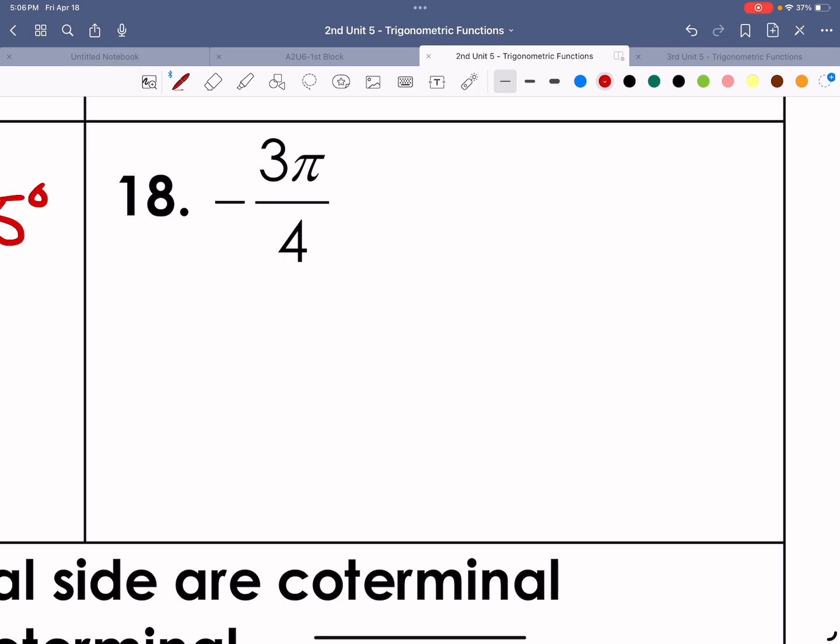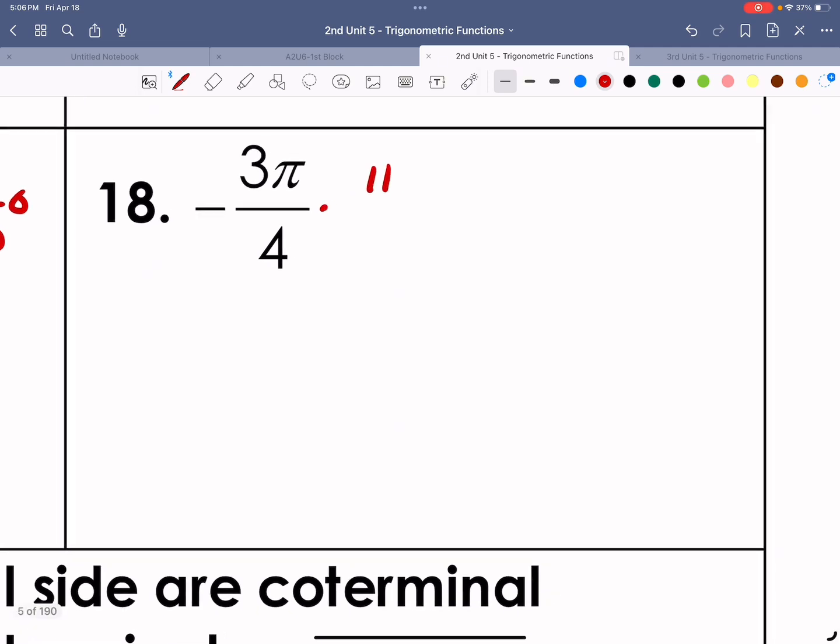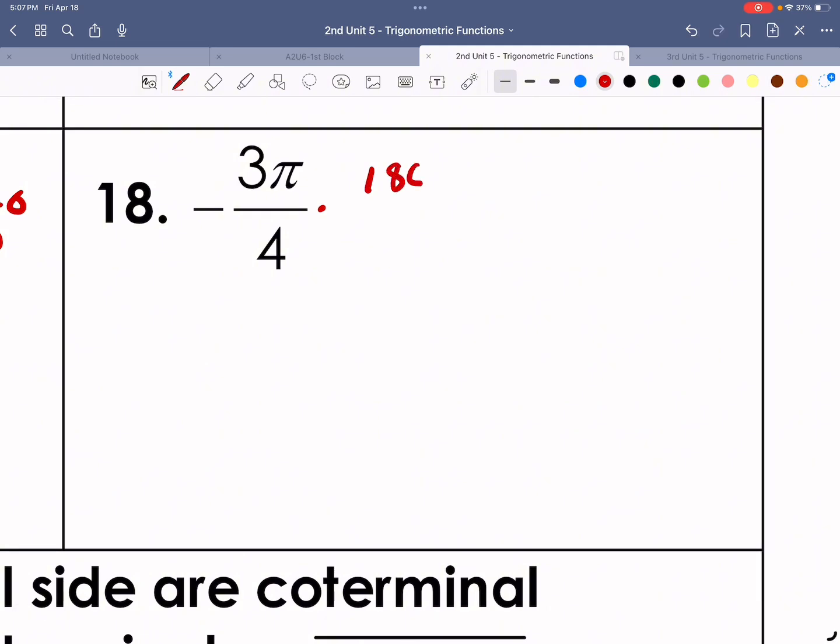Okay, now number 18, one last time, we're going to multiply by 180 over pi. The pi's will cancel. It's going to be negative. 3 times 180 divided by 4 gives you 135 degrees.